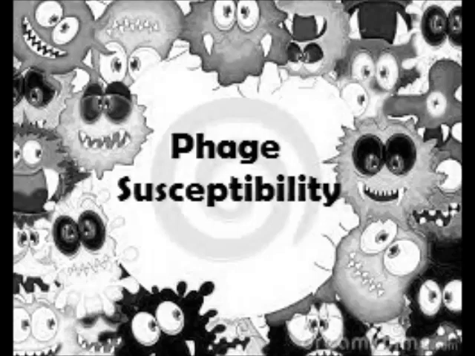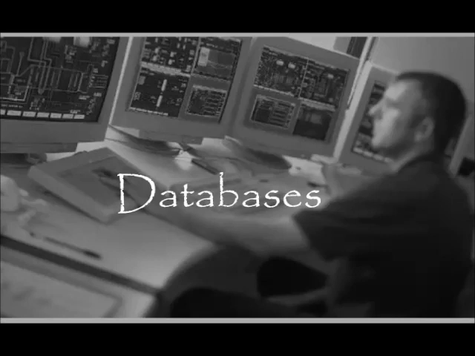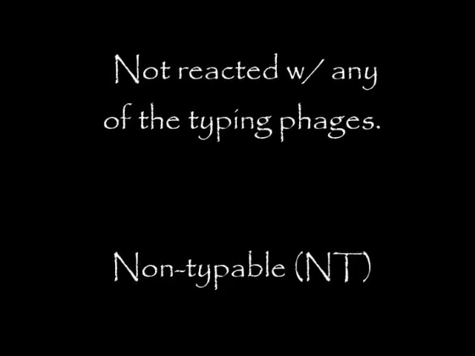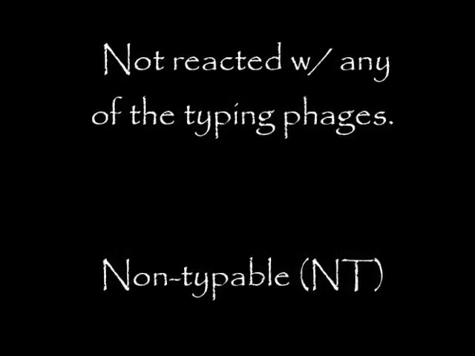Phage susceptibilities are evaluated by means of the plaque number, size, and transparency. The pattern is compared with known phage type patterns in the databases and defined. If the culture did not react with any of the typing phages, it is defined as non-typable.